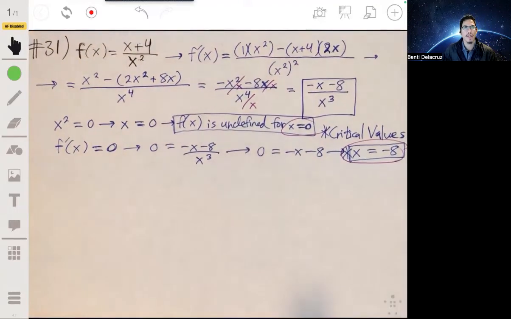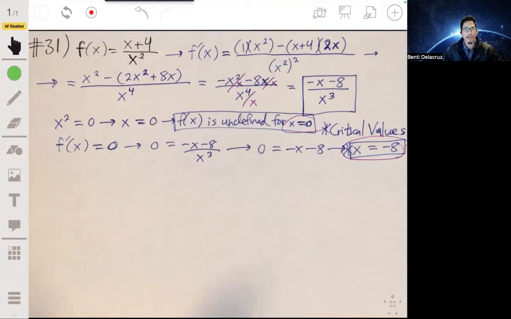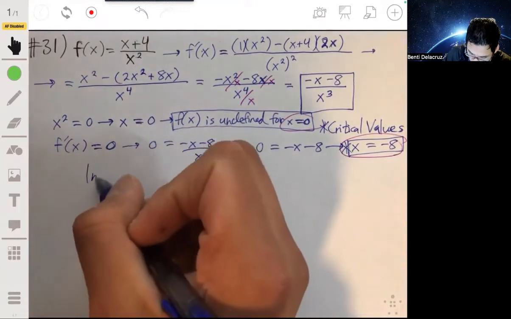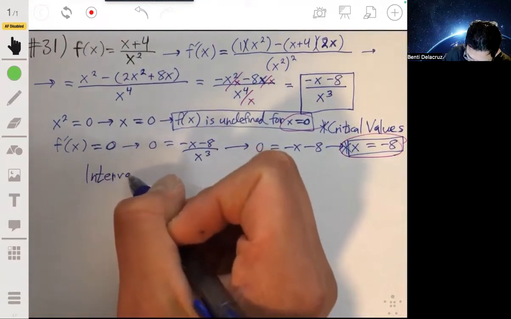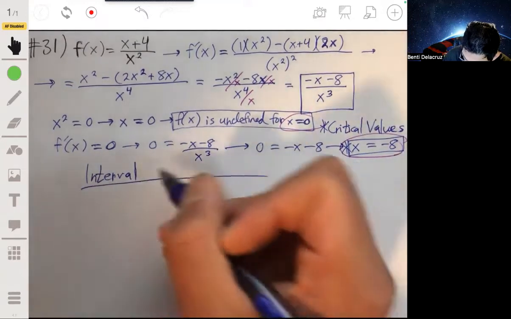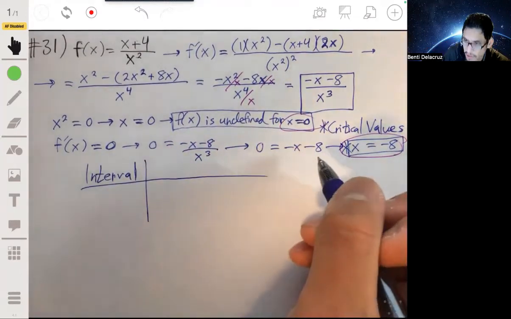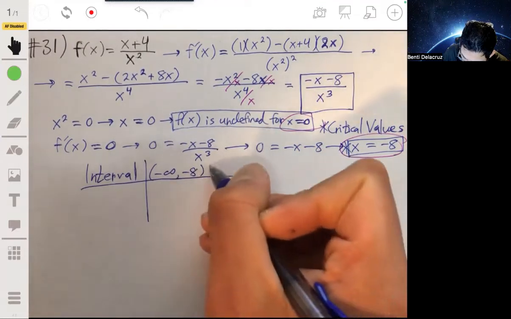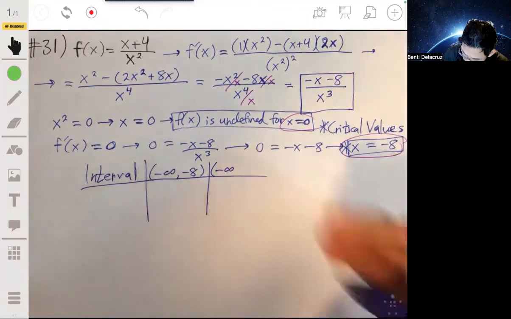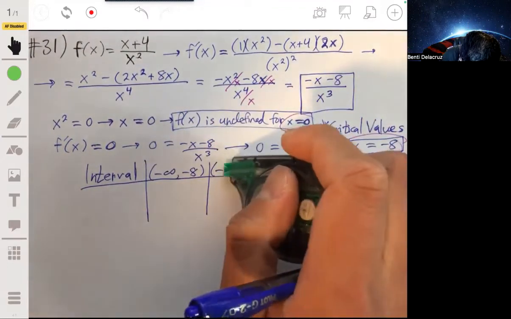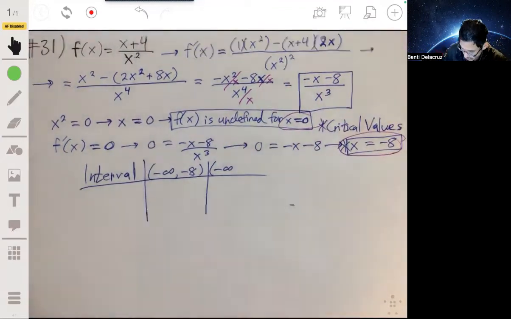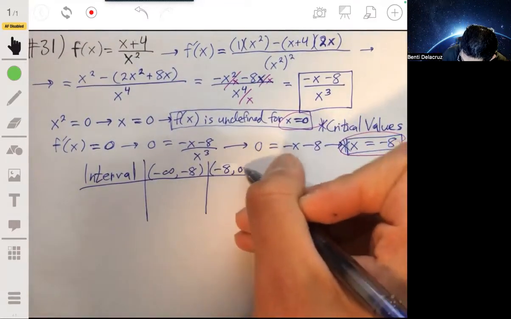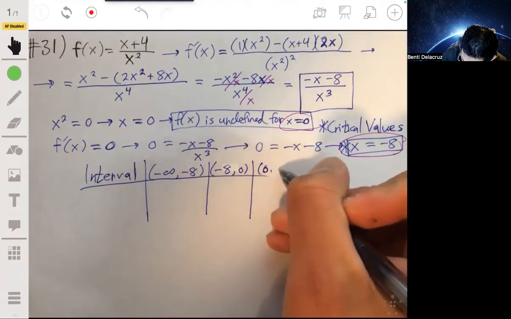So what we do is we're going to break up the interval at those points. I like to set up a table where the top row is broken up at these points. So we go from negative infinity to negative 8, negative 8 to 0, and from 0 to infinity.